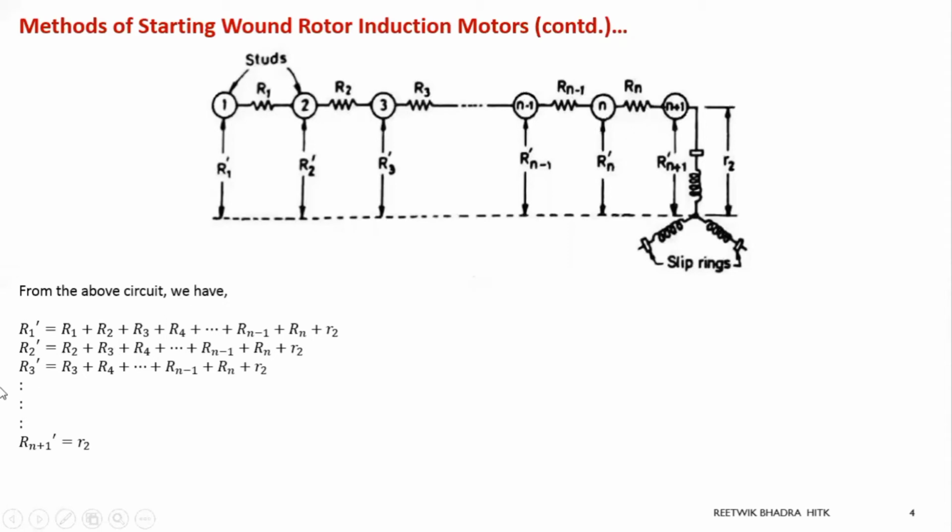It is a very easy calculation. You just see the two equations, R1 dash and R2 dash. If I subtract R2 dash from R1 dash, I get R1. If I subtract each one from the next one, we get a value. If I subtract R3 dash from R2 dash, what remains is R2.